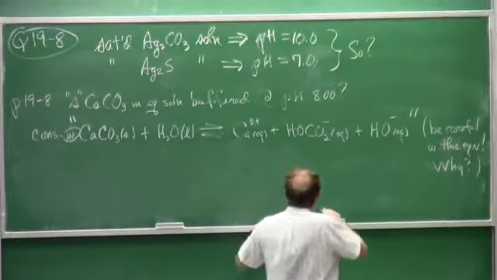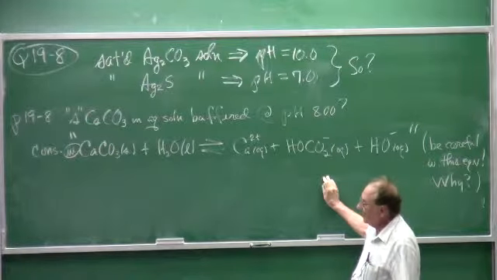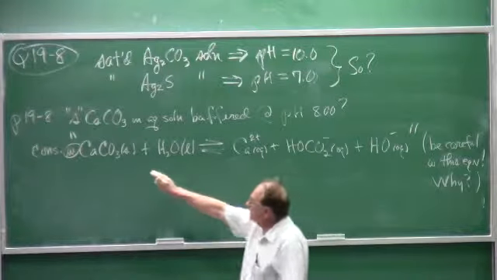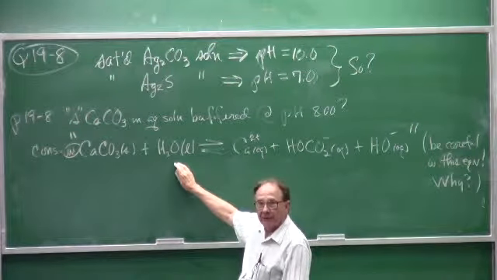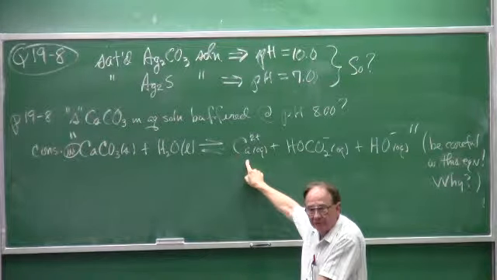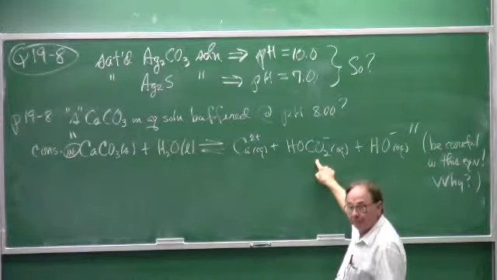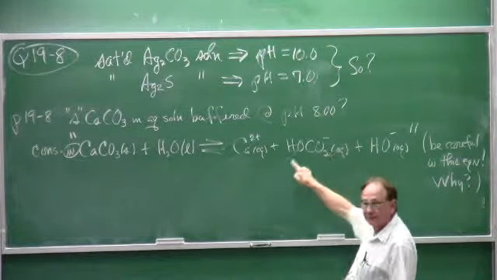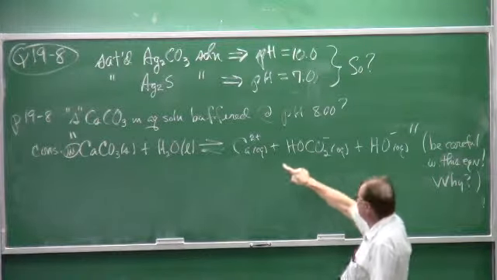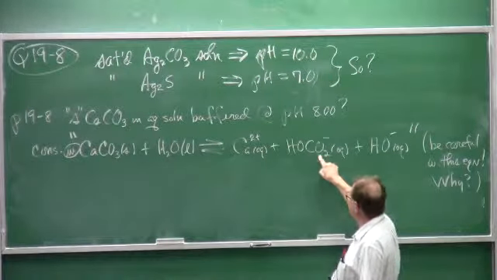If I look at this reaction equation and believe that it tells me that as calcium carbonate reacts with water, per mole of calcium ion that goes into solution, I'll also have a mole of this stuff and a mole of that stuff, is that true? No. In this system, how will the molarity of calcium ion compare to the molarity of this and the molarity of this?